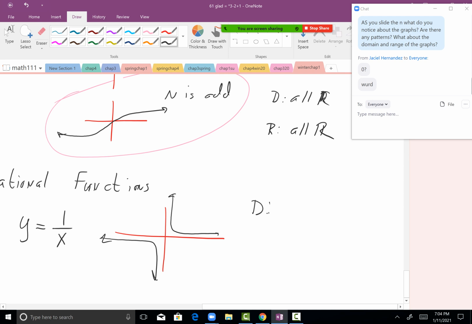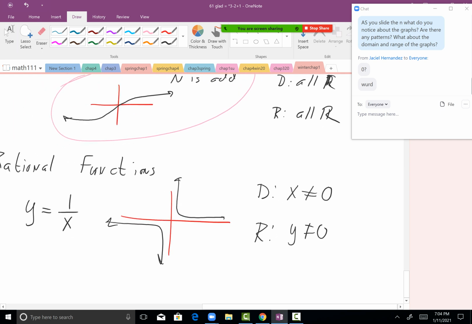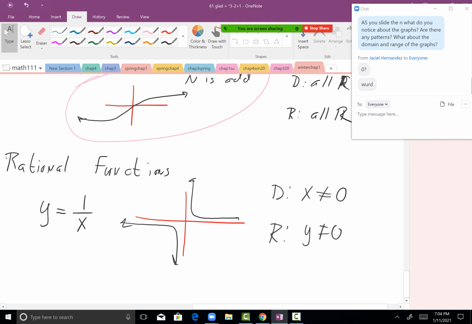Now you said the domain is everything, but it's not 0, so x cannot be 0. And the range, same thing. Now, I've seen some people in the past write that out as interval notation, and you could, but it seems like a lot of work. You just have to write a lot of stuff. So what we wrote works pretty good.